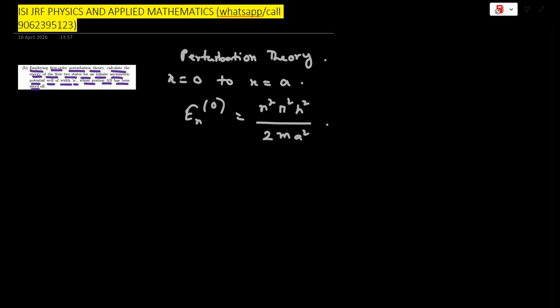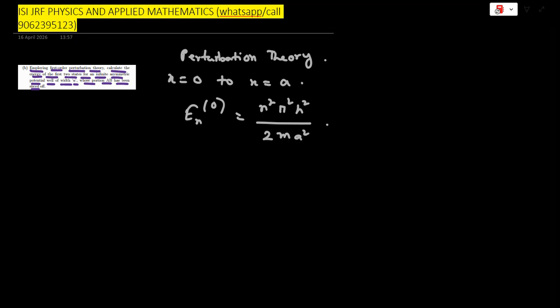Okay, so before we look at the slice, we need the perfect world version. Now for an infinite well from x equal to 0 to x equal to a, the energy levels are your bread and butter. So E_n^0 is n squared pi squared h-bar squared by 2m a squared.